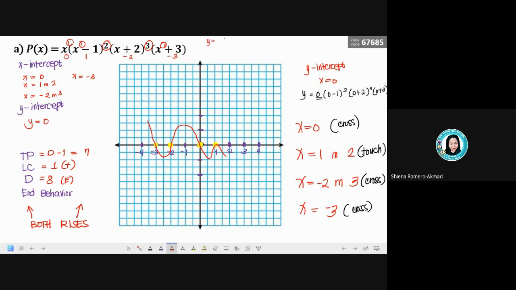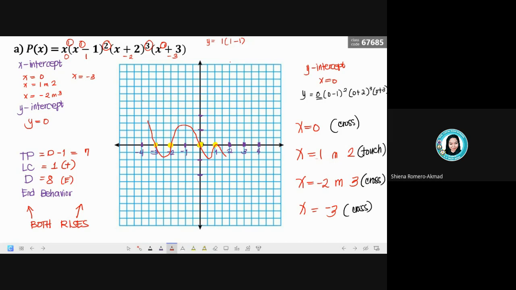Y is equal to 1 times 1 minus 1, 1 minus 1. Ay. Pag 1 yung x, touch.